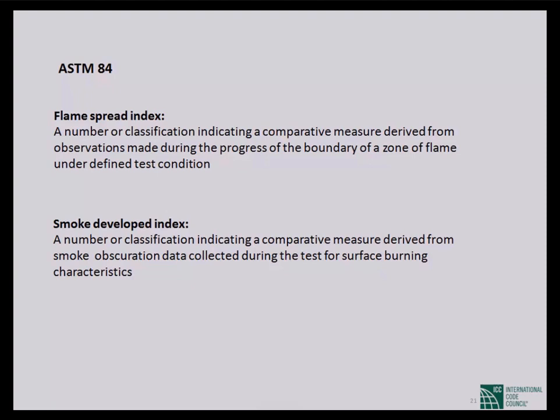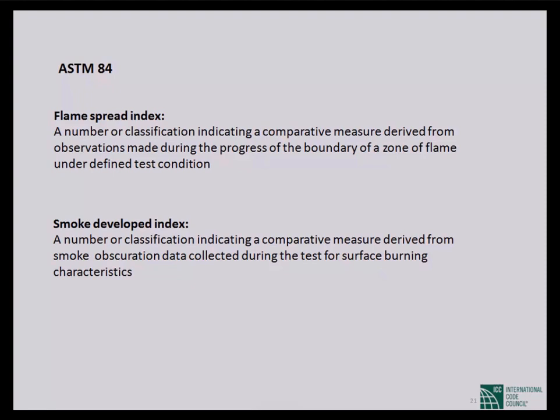This is from observation made during the progress of the burning of a zone of flame under definite test conditions. Actually, in a furnace or in a tube, a certain length of the element is introduced, and it is subject to a definite temperature. The flame will propagate.